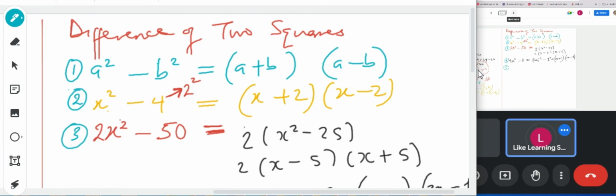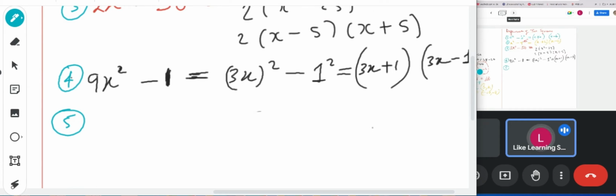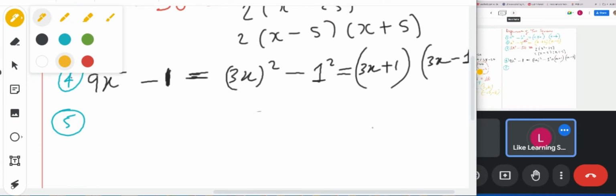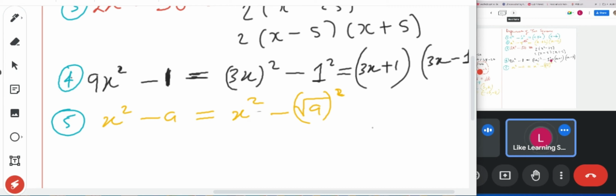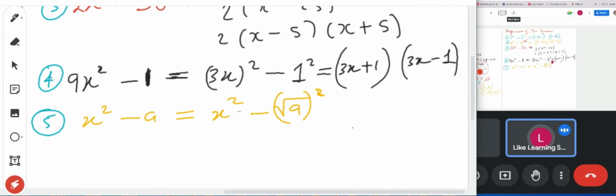So x squared minus a is the same thing as writing x squared minus square root of a, all squared. Do you know? Yes, sir. That's what it means, because a itself is square root of a all squared, and that's why it simplifies to what?